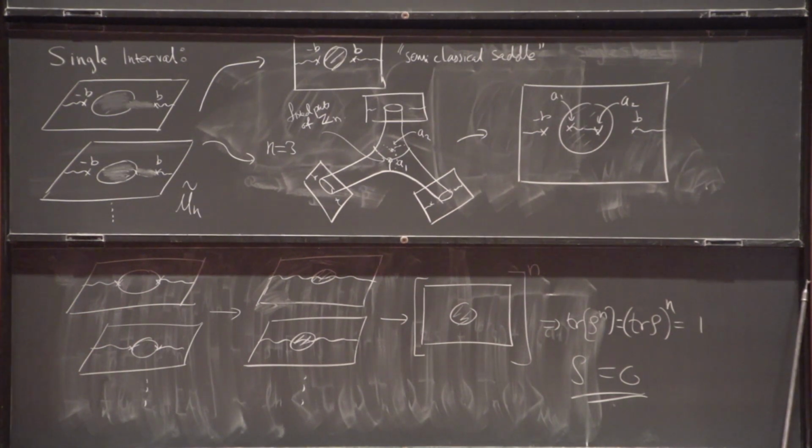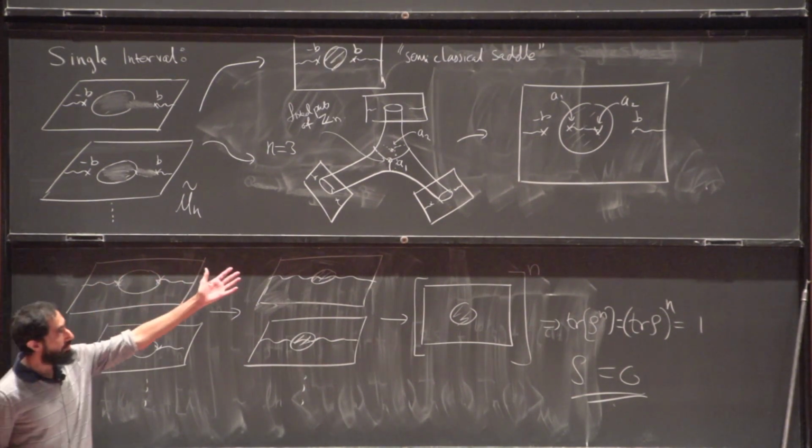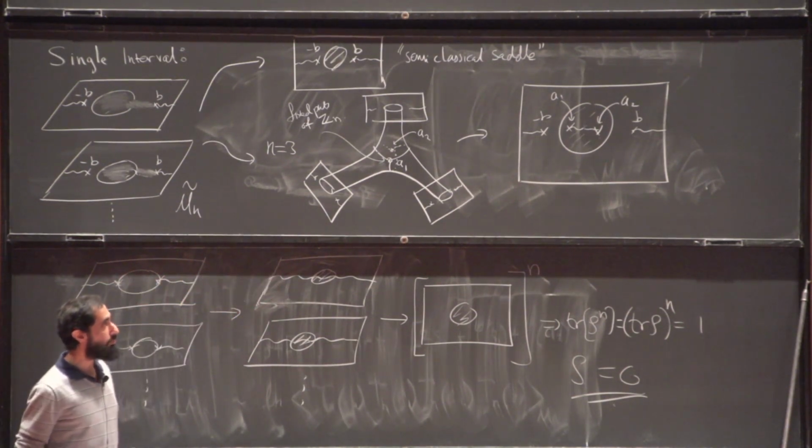Another comment I want to make is that even though for our calculations we chose to work with JT gravity, that's just because it was simple. We really expect that this should work for any gravitational theory in the bulk coupled to a flat space region outside.